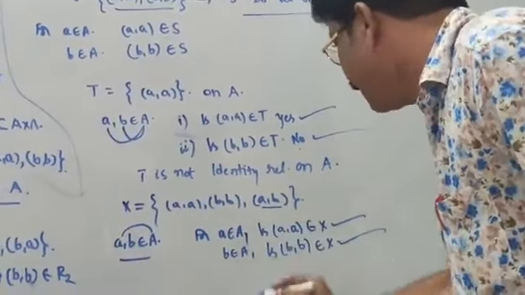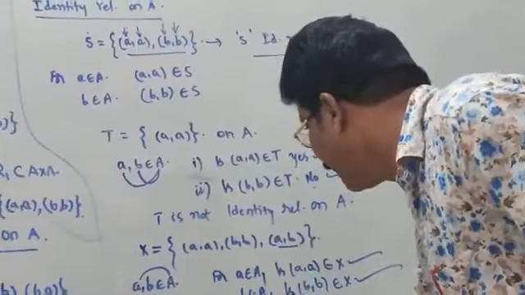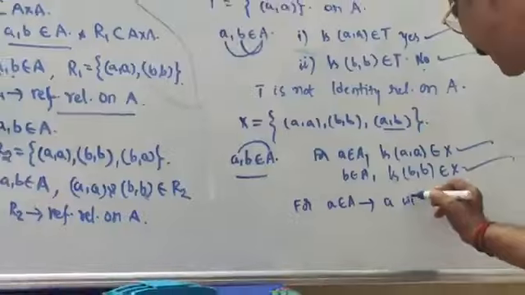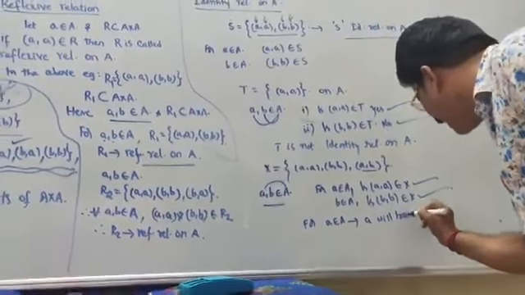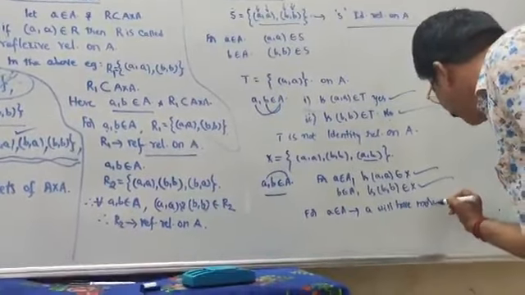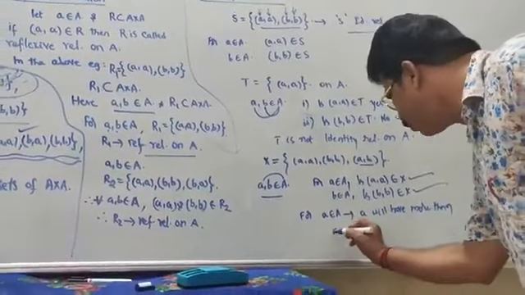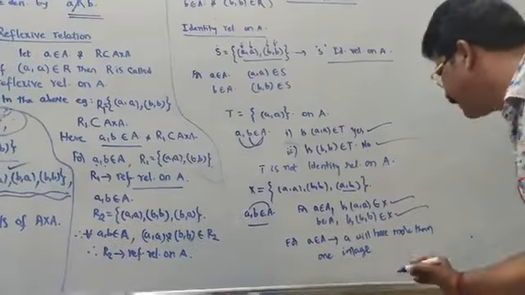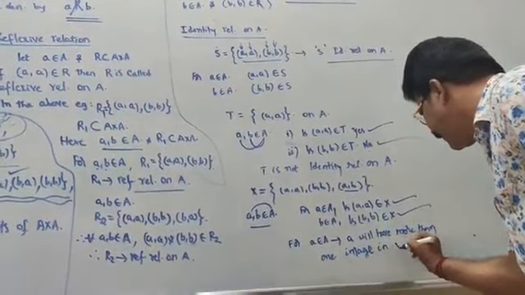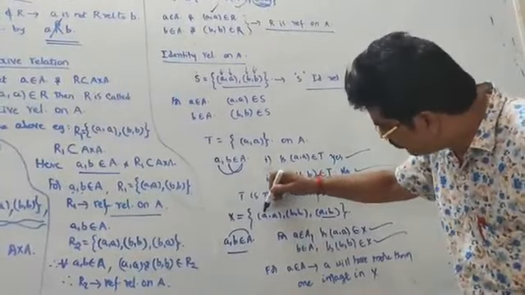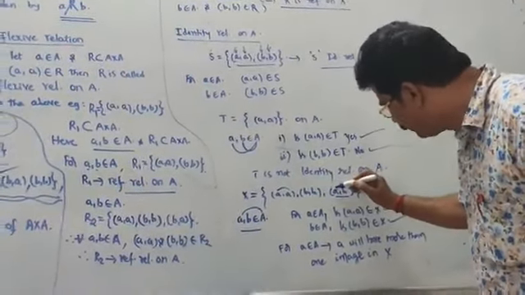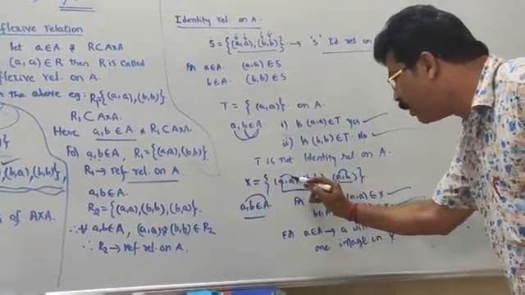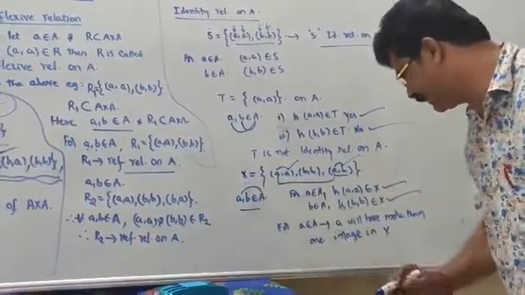But A comma B, for A belongs to capital A, will have more than one image in capital X. Means what? Image of A is A. Image of A is B. So the same letter A will have two images in this set.